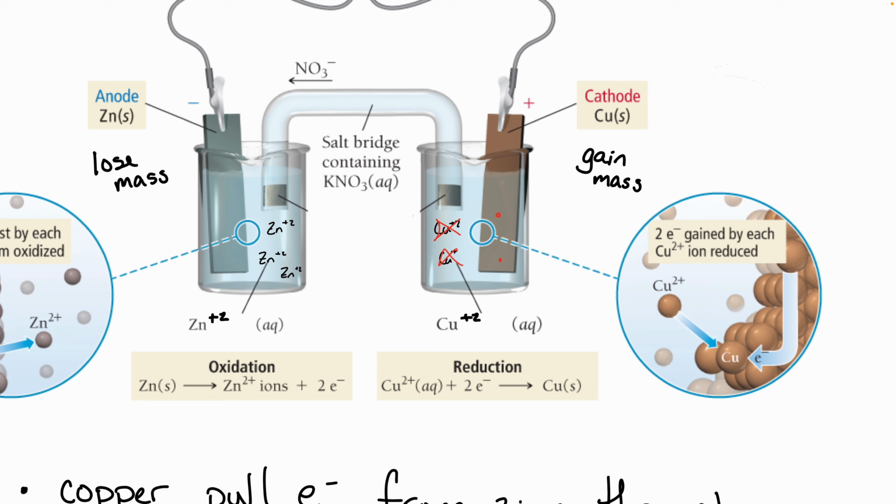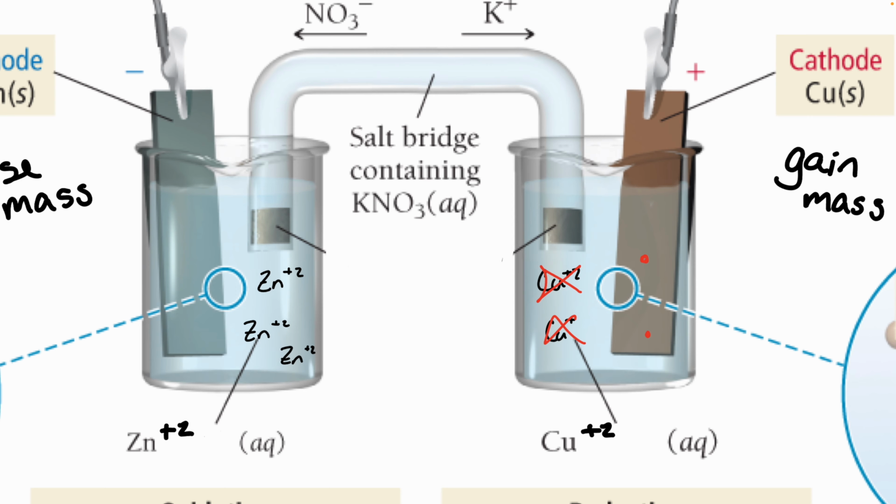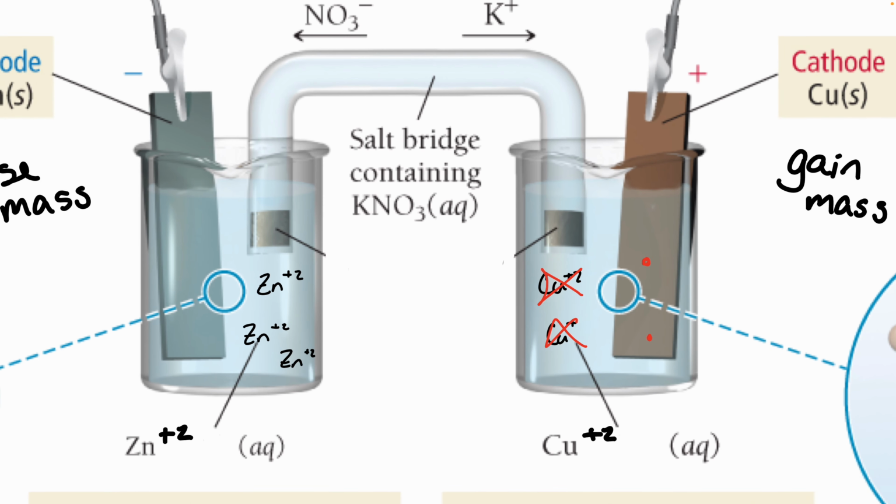And we'll have positively charged potassium ions flowing into our cathode to keep everything charge balanced. All right, so we have this salt bridge in the middle here. The claim to fame of your salt bridge is that it keeps both of the ends of your battery, what we call terminals, charge balanced.